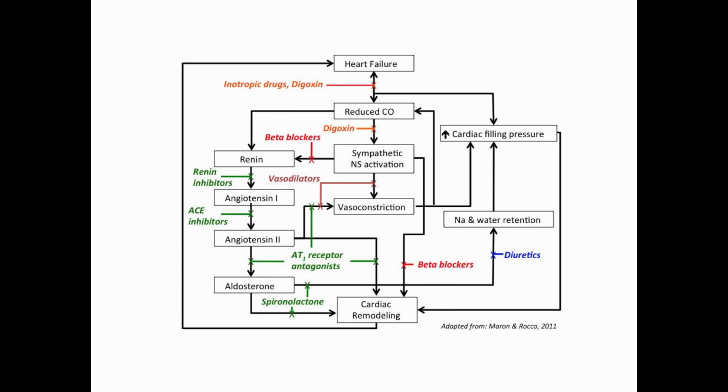So how does heart failure work, and how can we intervene? Well, if we start at the top, we see that heart failure begins and is due to a reduced cardiac output.